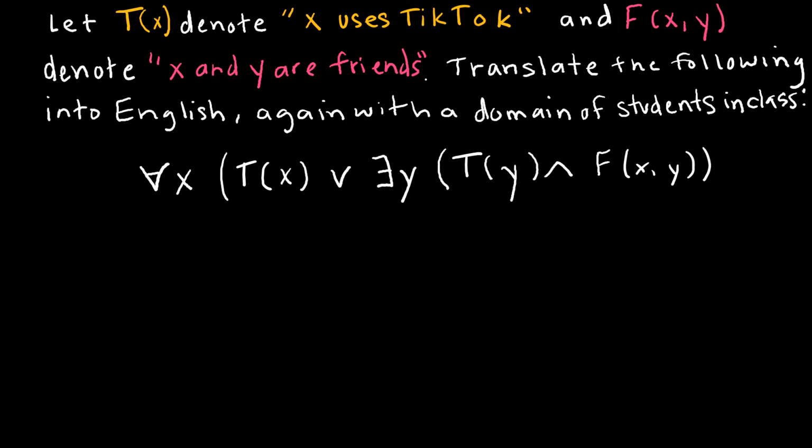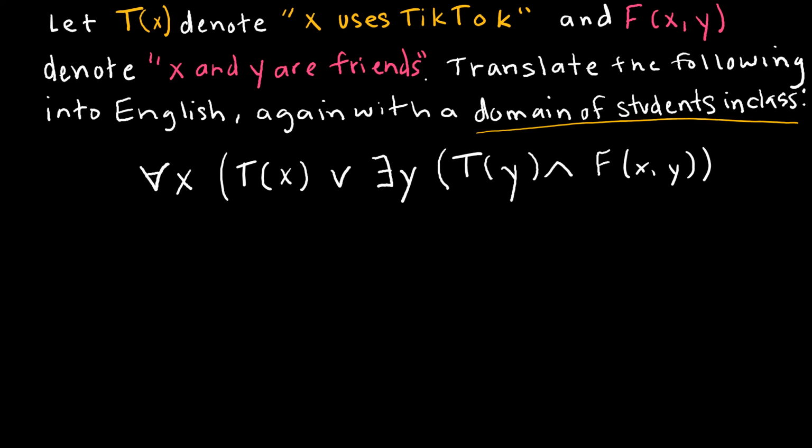Let's look at another example, and this one actually goes in the opposite order. I've given you the propositions, but this time I've given you the statement written using propositional logic and want you to translate to English. So let's get started. We know T(x) denotes x uses TikTok, and F(x,y) denotes x and y are friends. So we'll translate into English where the domain is students in class.